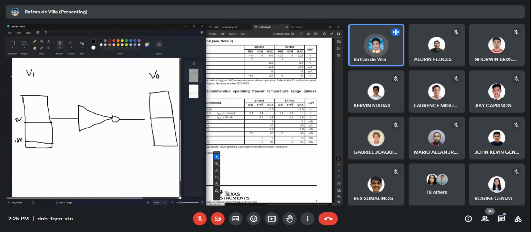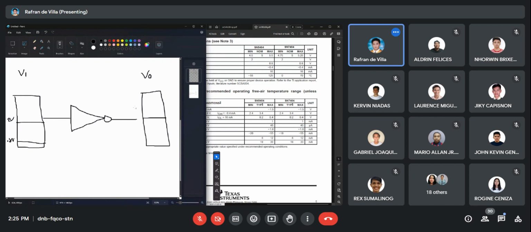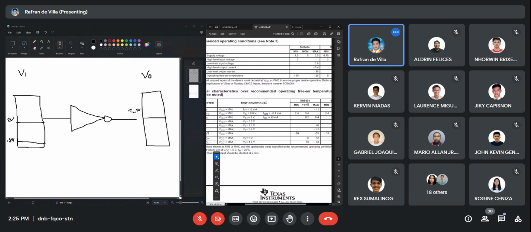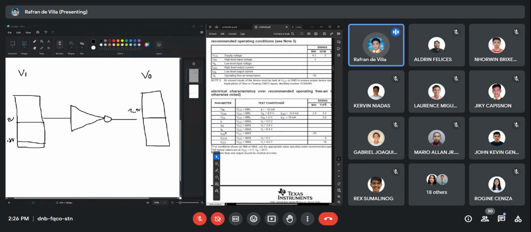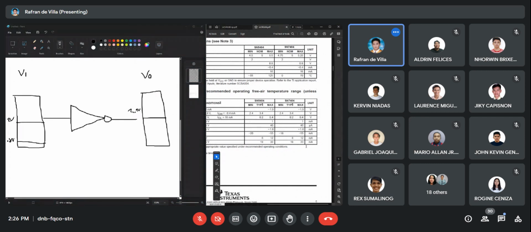So that's around here, 2.4 volts. So ang iyang voltage output low is maximum is 0.4. Nya, ang typical is 0.2. Okay, which is okay ra.